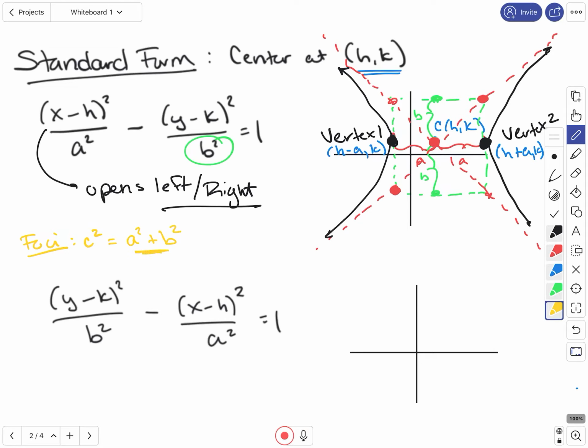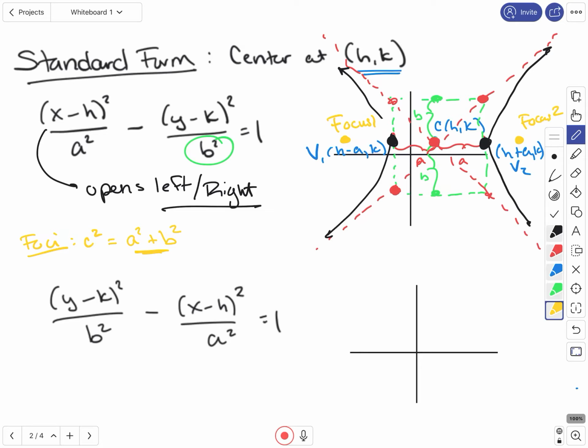This one is nice because it's always positive, a squared plus b squared. And for the focus points, I need to give myself a little bit of room here, so I'm going to erase this and erase this, and I'm going to rename those vertices V1 and V2. And I'm going to write in the focus points. Focus point might be here, focus 1, and here, focus 2.